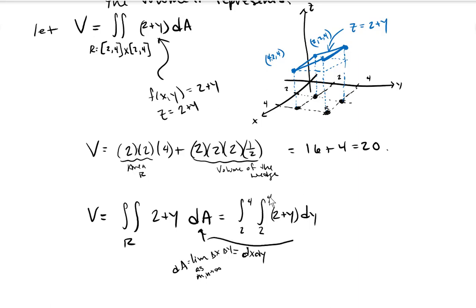So we make this jump and start calling this, instead of dA, dy, and say what y does. dy goes from 2 to 4. We kind of think of that as just living inside of this bigger integral that tells us what the x's do. The x's go also from 2 to 4.